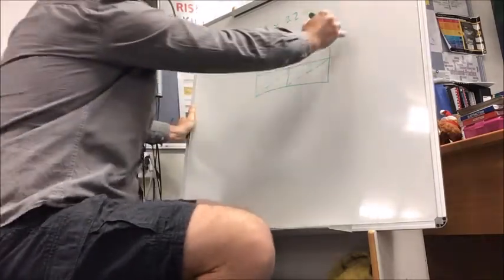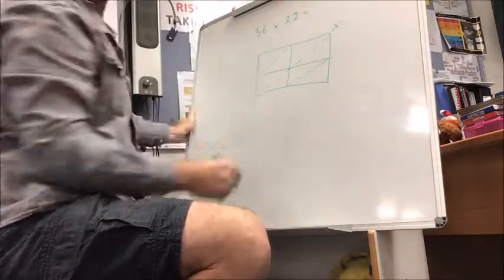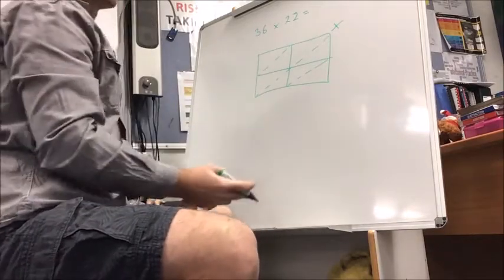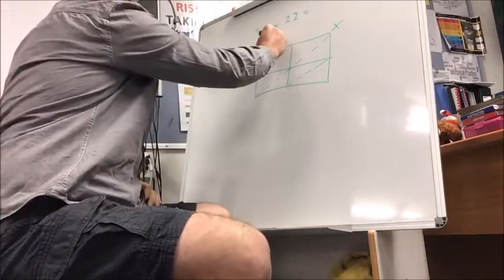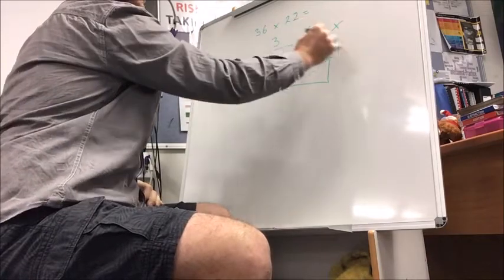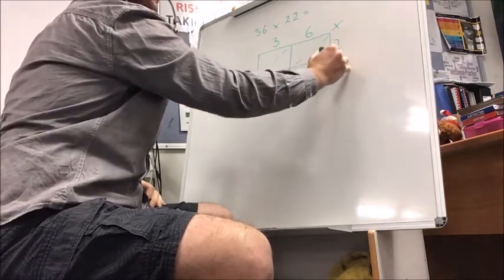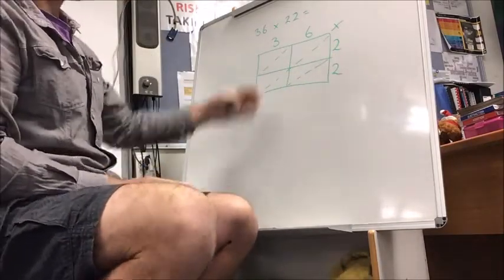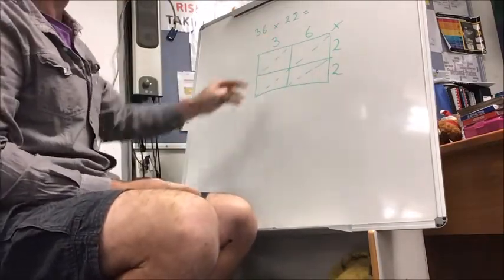Okay. I'll put my multiplication sign over this side. As I said, you will already have that set up. And then I've got to put my digits in. So I've got my 36 times 22.